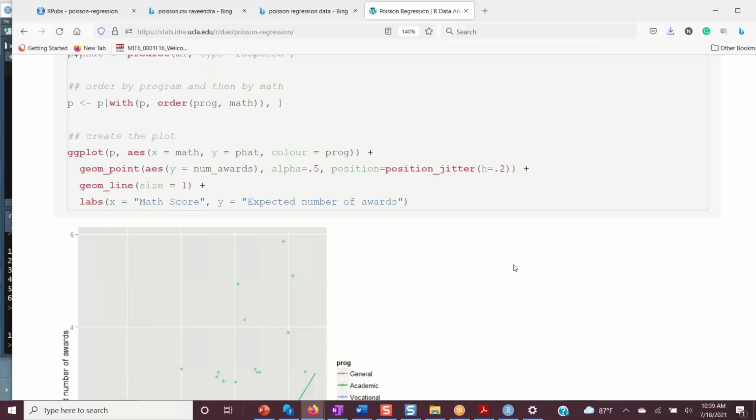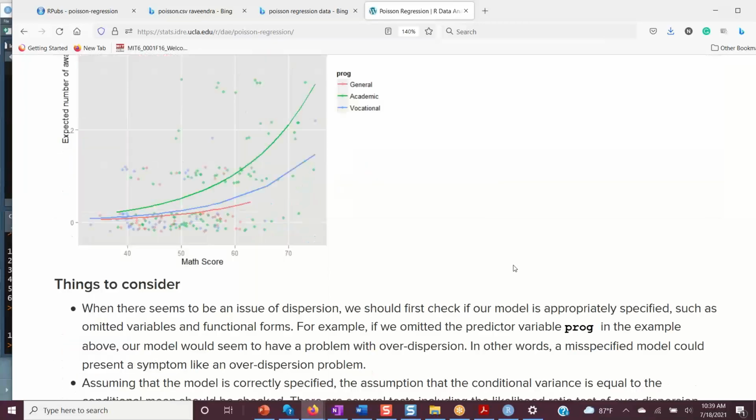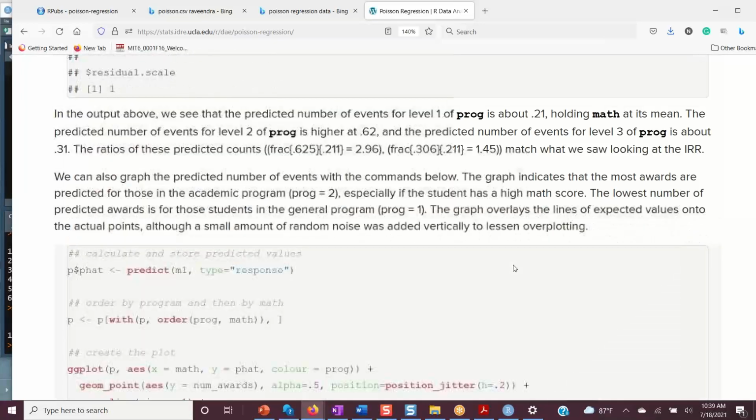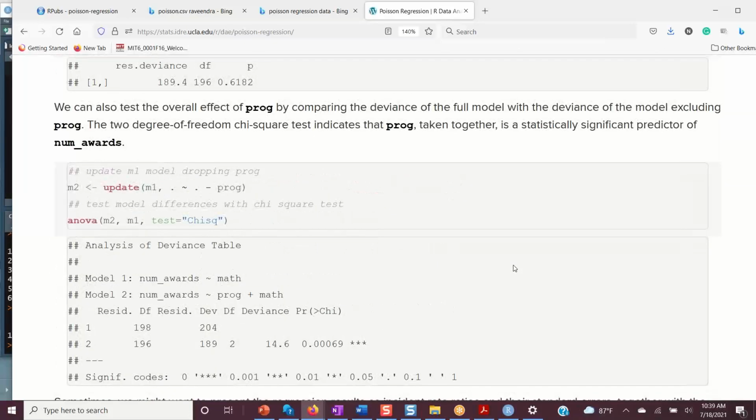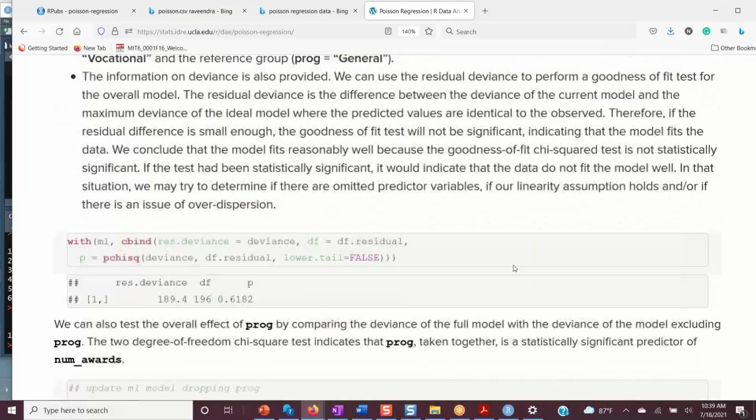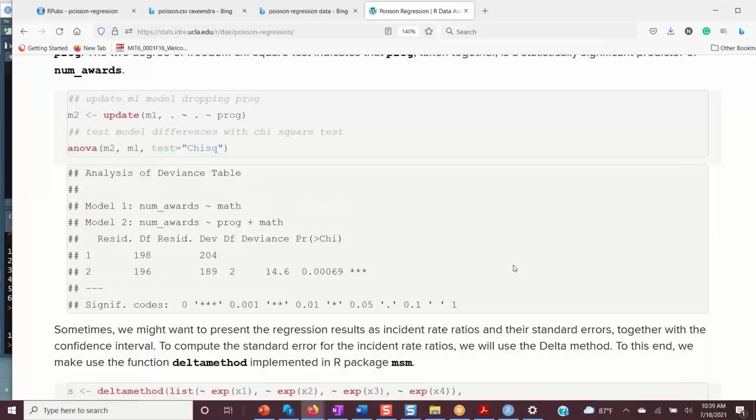Sir, I have a doubt. Sir, can you please scroll down? Up or down? Last, sir, last.